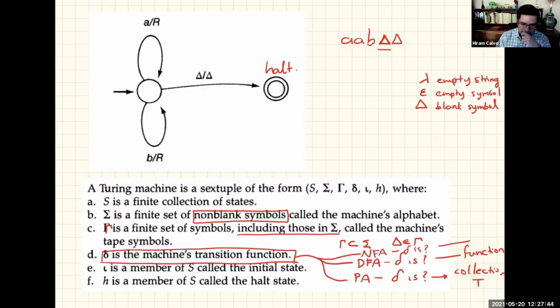Right. But here we can have several possible results of delta. Right. Then it cannot be a function. Then it has to be a collection. Let me recall the definition.